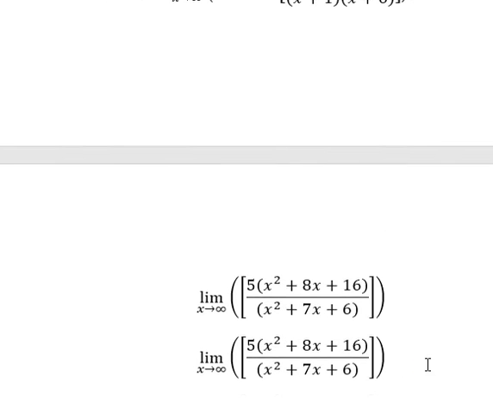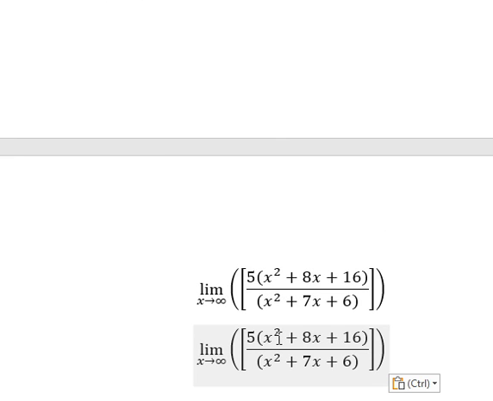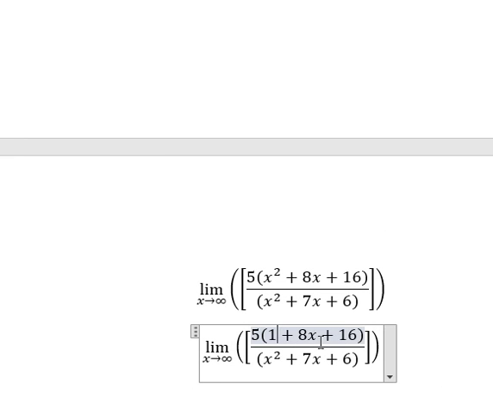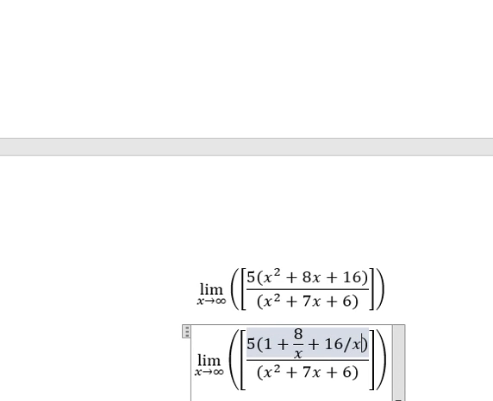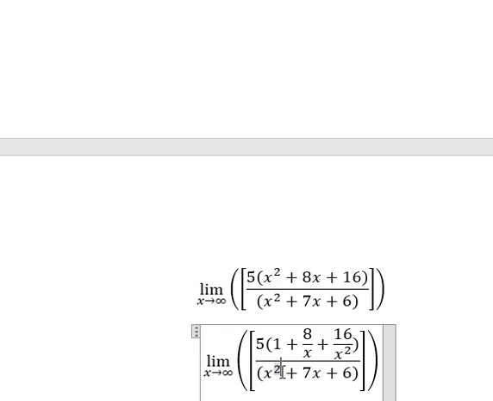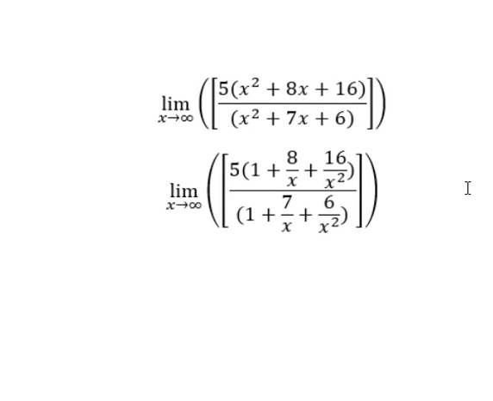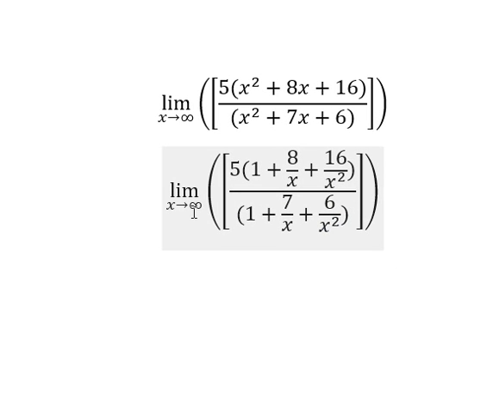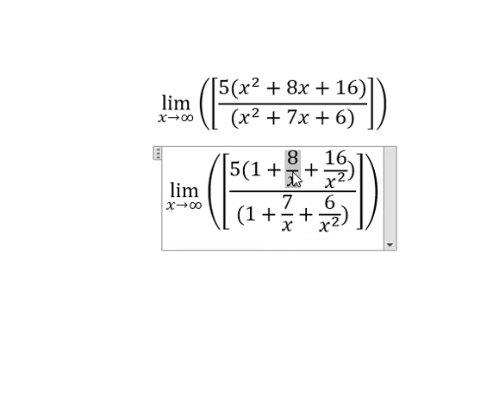Next, we divide by x squared on numerator and denominator. So, when x approaches positive infinity, this one you get about 0.